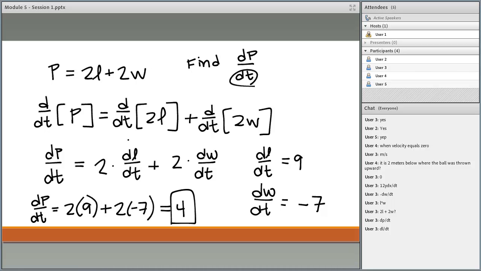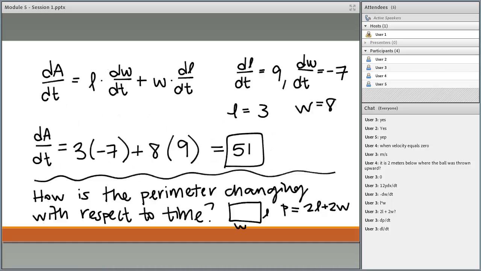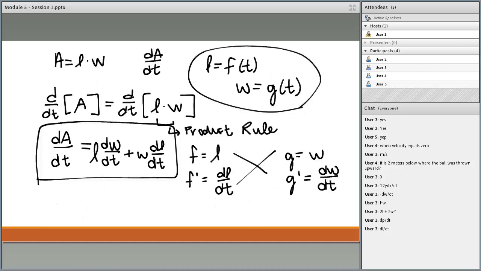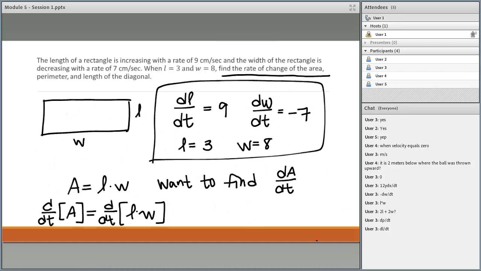Do we know the units of that? Let's talk about that for a minute. Do we know any information about the units? Well, what are the units of the perimeter? If we go back to the units that we were given, the length and the width were changing as centimeters per second.